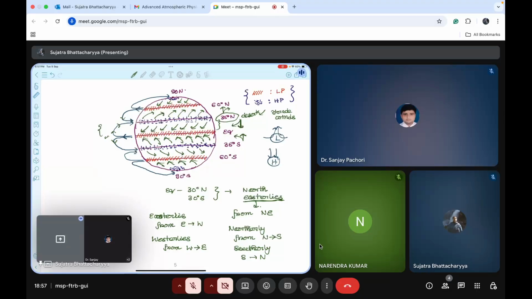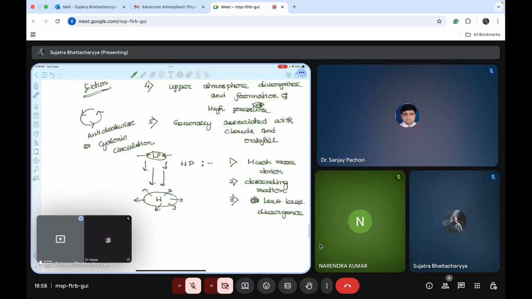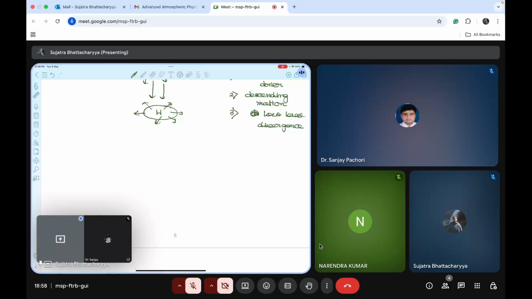That is also a desert which is almost near 30 degrees north. Not exactly 30, but 20, 25. And then as you go toward Africa, there are many desert regions. So that lies in that particular band. Okay. So this completes the general circulation of the atmosphere and the convergence and divergences.